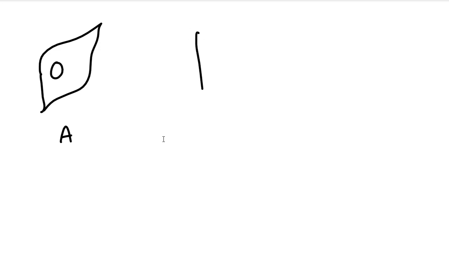Because different cells in your body are independent agents that work in concert with each other. So if I had two cells, for example, here's cell A, and here's cell B. And let's say these are different cell types.